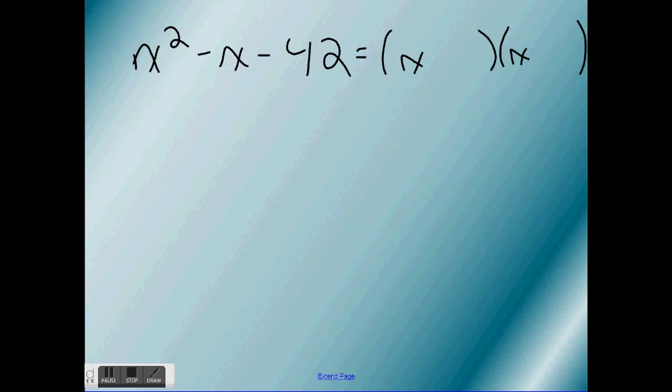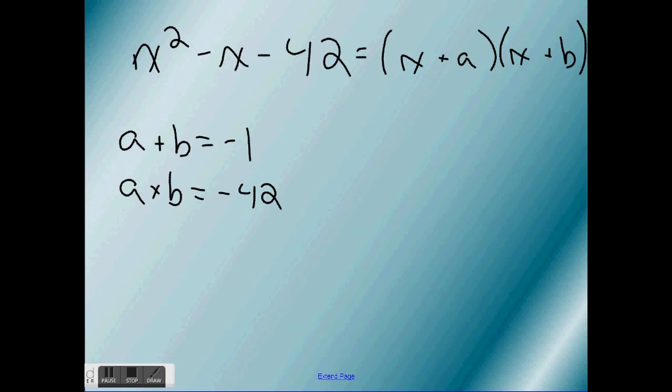So this is how it works. You need to find two numbers, and in this case, we'll just call them A and B. A plus B must give you whatever's here, in this case, -1. And then A times B must give you whatever's here, in this case, -42. So you need to find two numbers that multiply together to give you -42, but add together to give you -1.